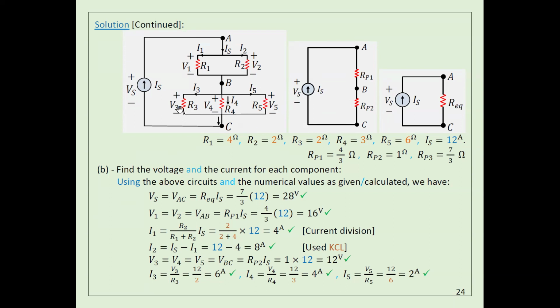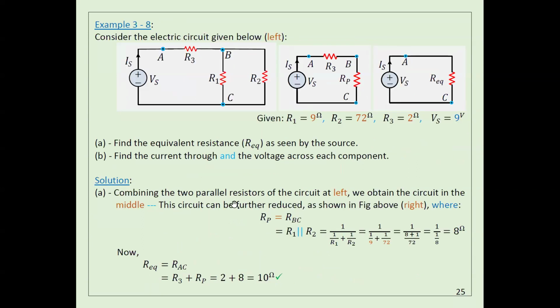So V3 equals V4 equals V5, and they equal IS times R equivalent here. Once you know the voltage, divided by this resistance you get this current, divided by this resistance you get this current, divided by this resistance you get this current. This is one way to do it. The other way, you can also find some way to apply the current divider. Okay, I think that's enough for today.